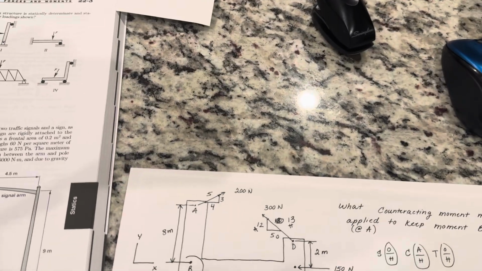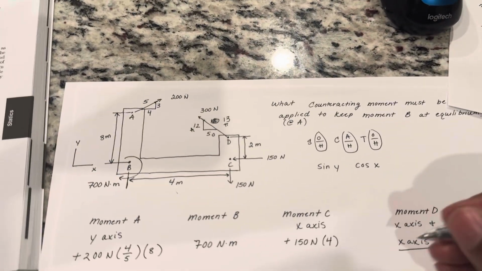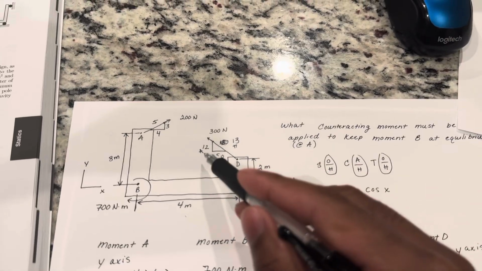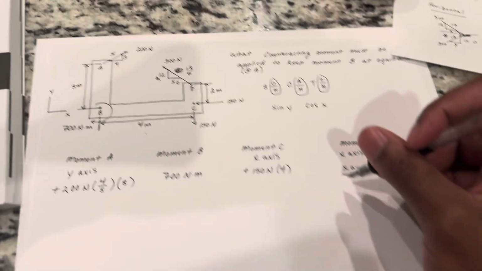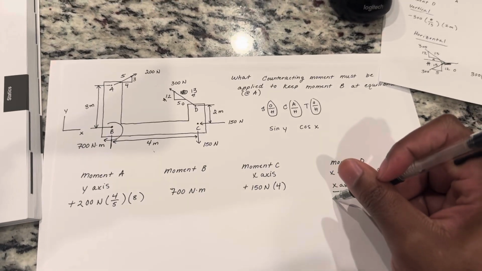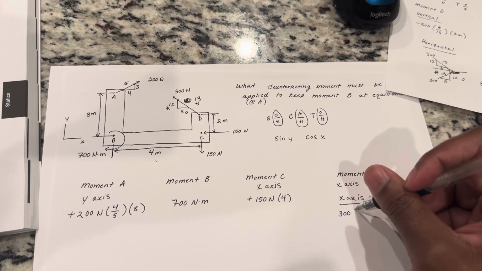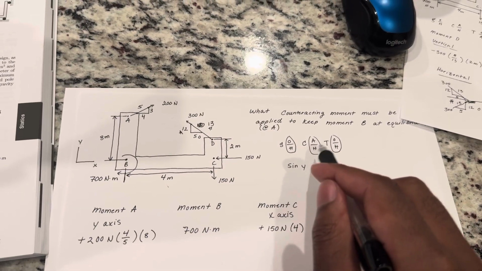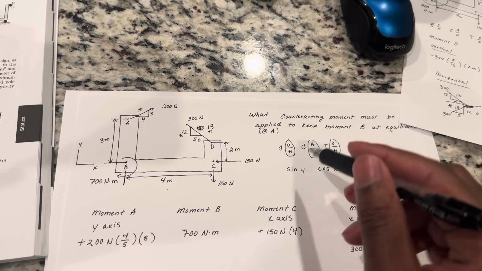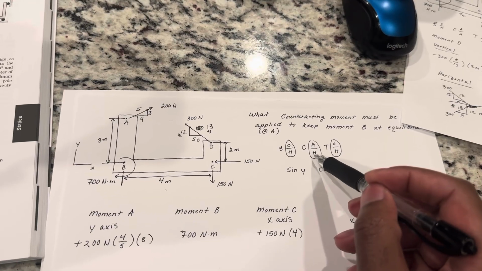Okay, let's take a look. So your A over your H. And we know that this force is 300. You got your adjacent and your hypotenuse.